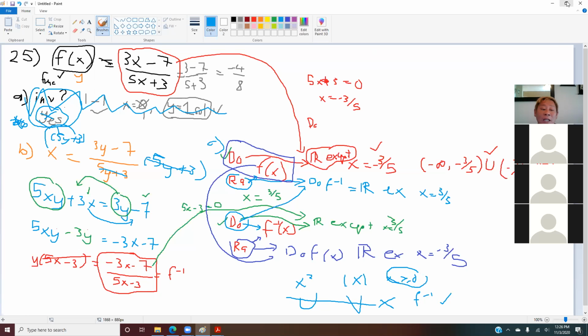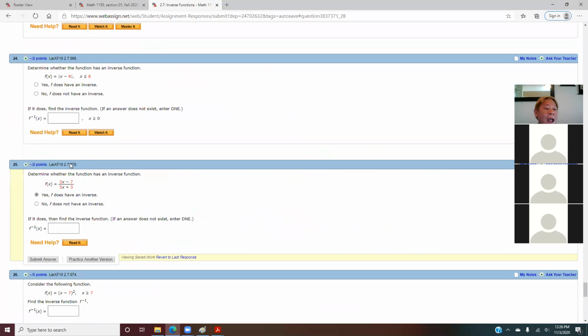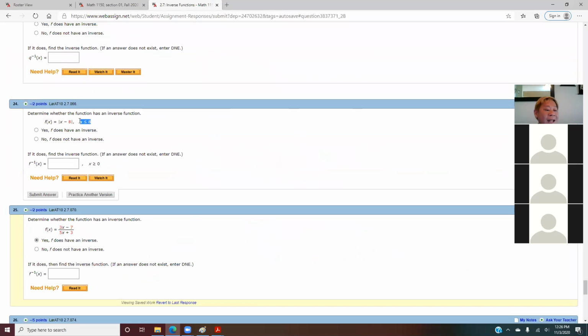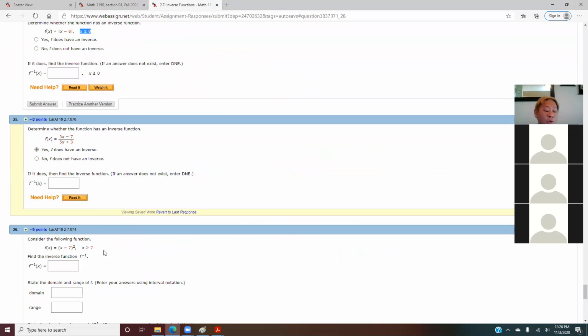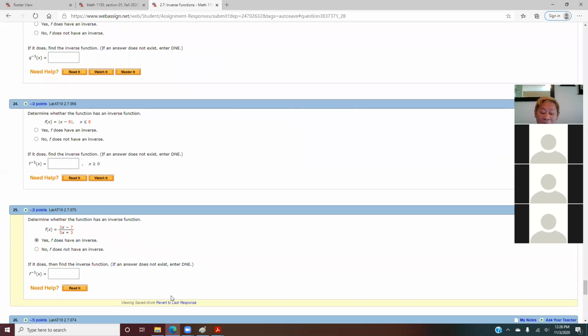So that's why when you see in your homework, all the squares and all the absolute values have a domain restriction, which is the one I highlighted in blue here. That is why it makes it a function.